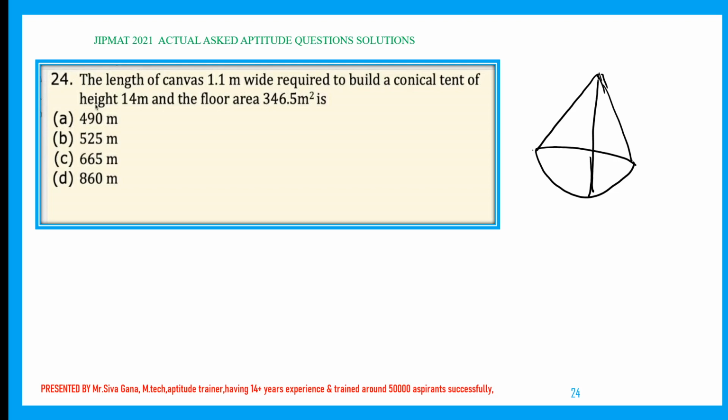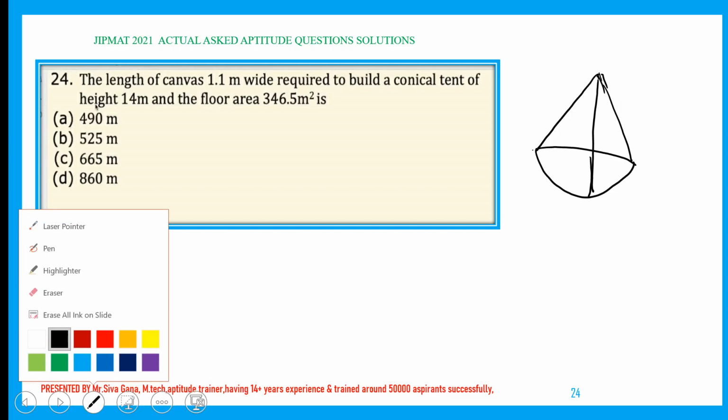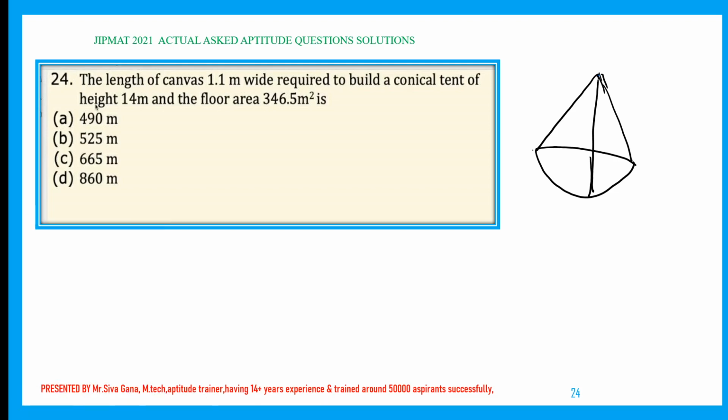What is the length of the canvas required? 1.1 is the width, which is nothing but what length we need. This curved surface area is what we need.